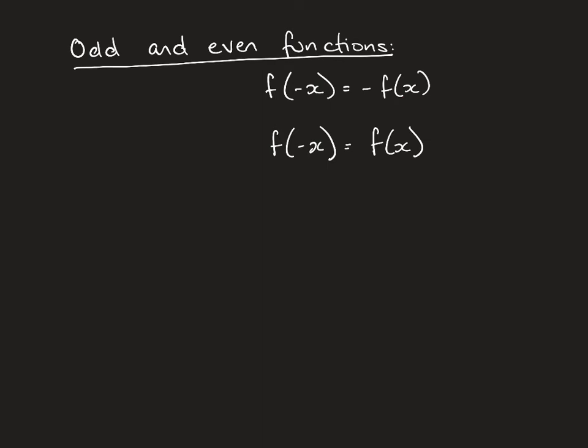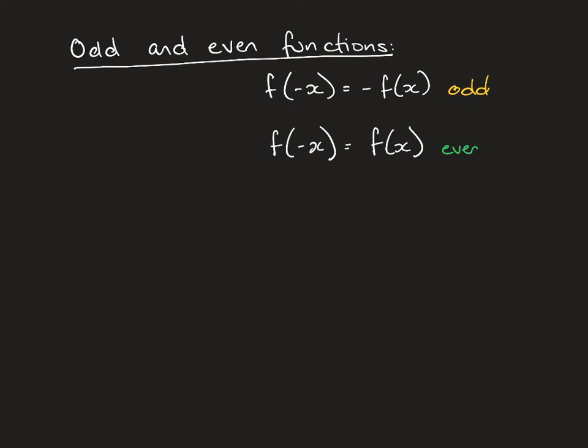So if you take f of negative x and your answer is negative f of x, then what you have is an odd function. And if you substitute in negative x and work it out, you get f of x, what you have is an even function.